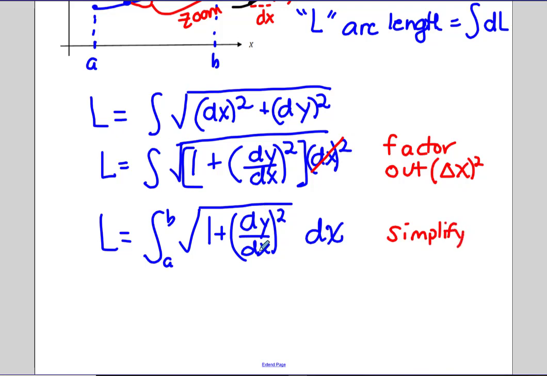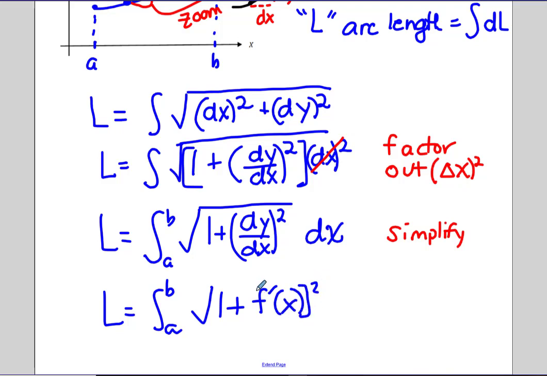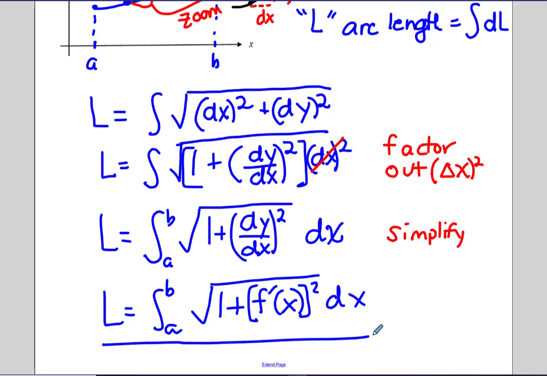and then recognize that dy dx is the derivative. So the arc length from a to b is the square root of 1 plus f prime of x quantity squared dx. So here is our formula we're going to use.